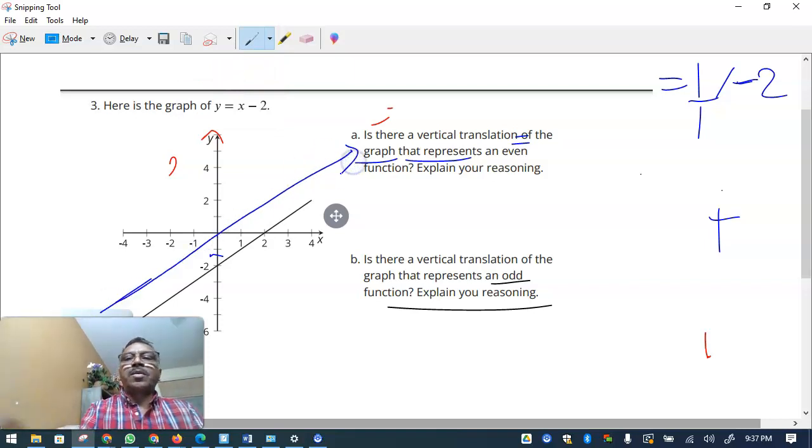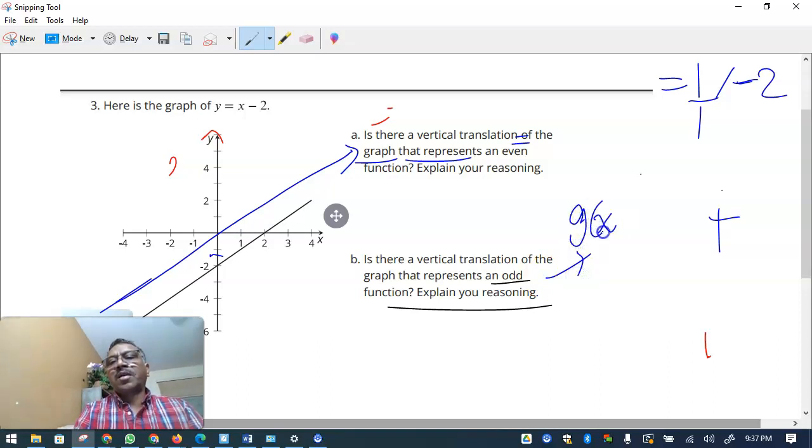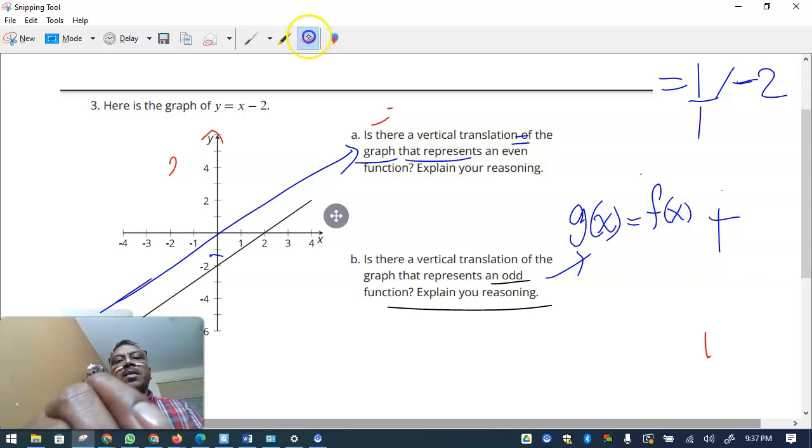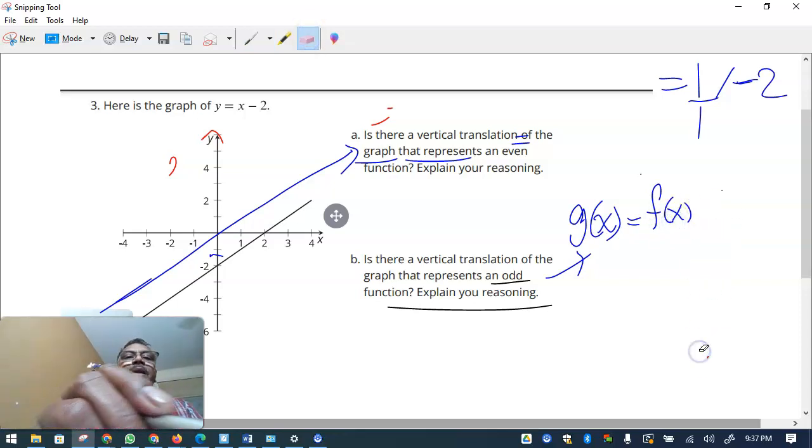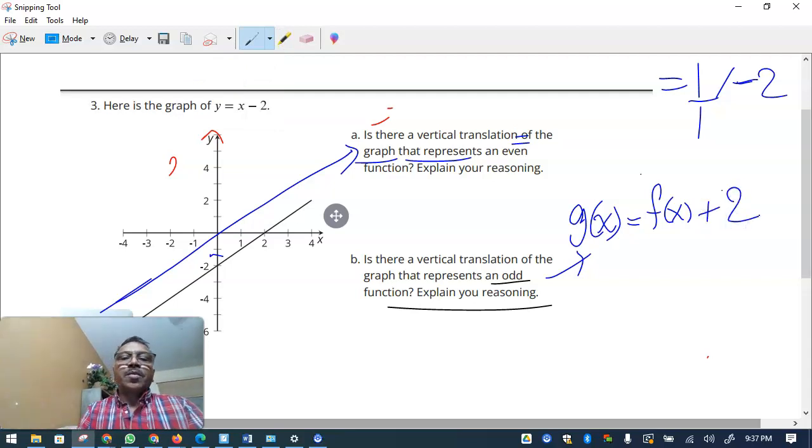So the first step is I create a function g of x, which is f of x plus 2. There you go. So you push this up, translate 2 units up.